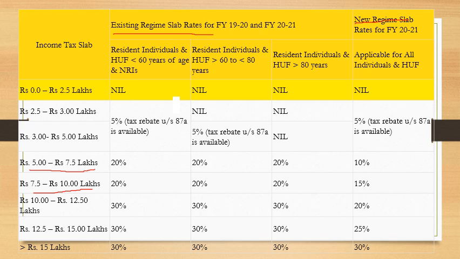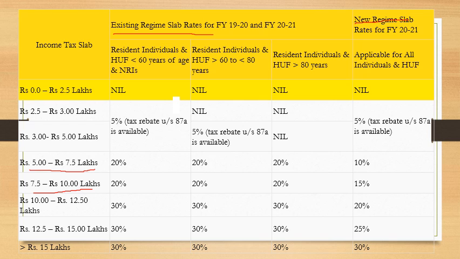Whereas in the new regime, it comes out to be just 10%. So earlier 20% of 10,000 means 2,000 you should have paid. In the new regime it is 1,000. So 1,000 rupees advantage that we can enjoy under new regime. So that is the advantage of new regime.